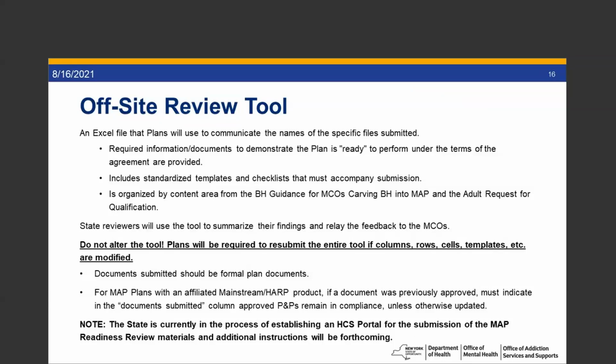And to expedite the process, please do not alter the template. We created it for a reason. And as long as we use the template, it will definitely help us to expedite the review. Another piece that will also help us to expedite the review is to make sure that when you're submitting your documents, you are including the document file name within the document submitted column, as well as the page number where we can find the information being used to demonstrate compliance with the requirement.